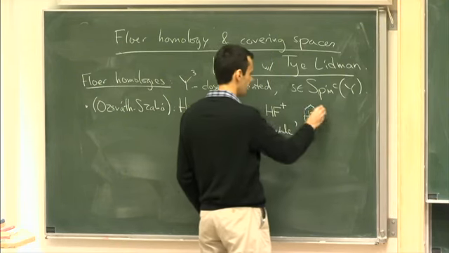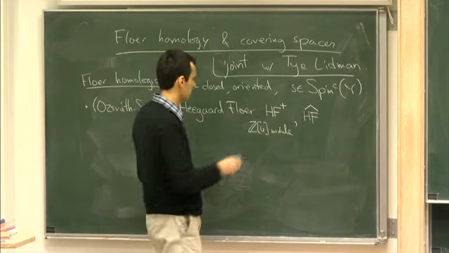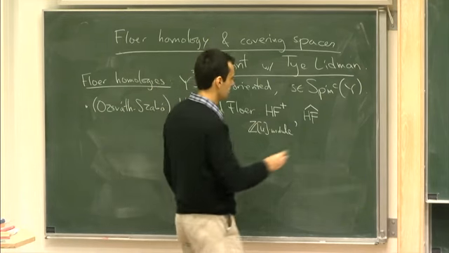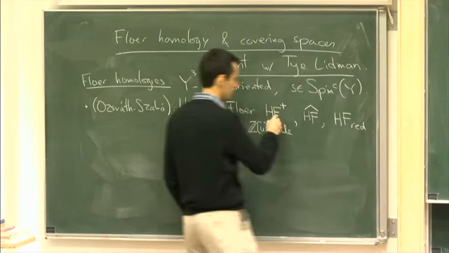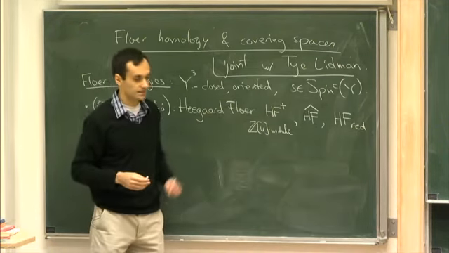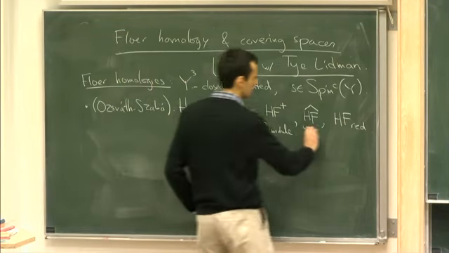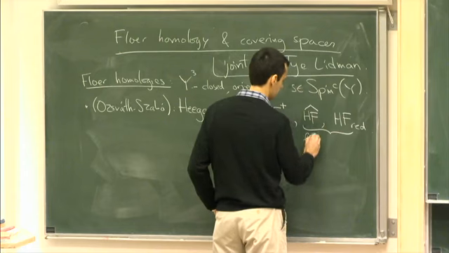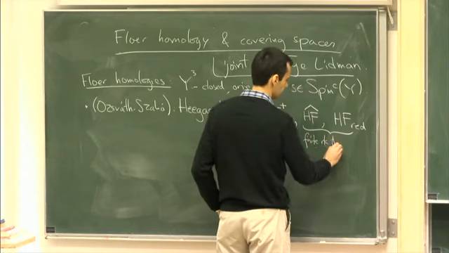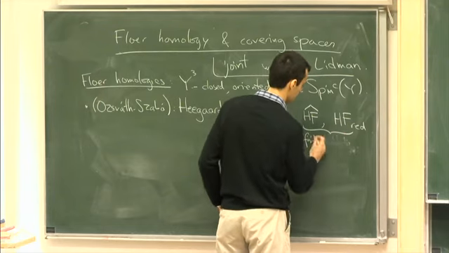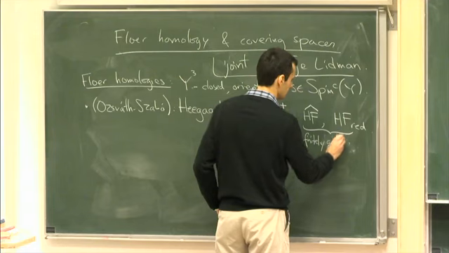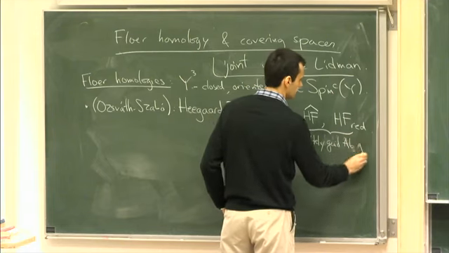One is HF hat, which is obtained by setting U equals 0 at the chain level, and another is HF red, which is just the torsion part of this as a Z[U] module. So these two are finite rank, I mean, finitely generated abelian groups.